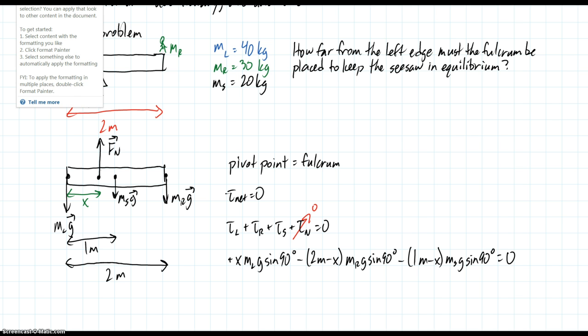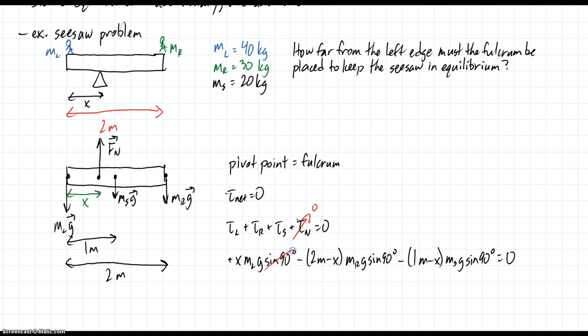Notice that we can factor out a sine 90, which then cancels, and we can factor out a g, which then cancels. So now we need to rearrange to solve for x.